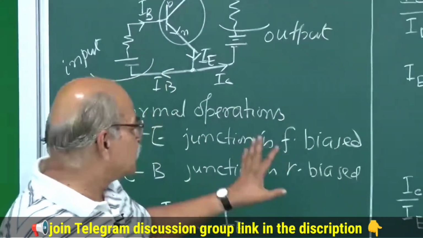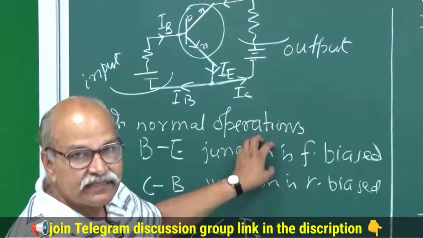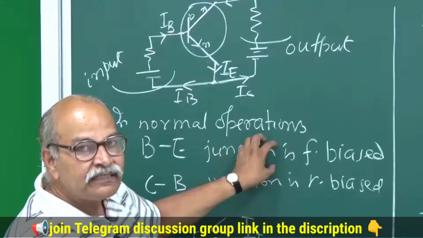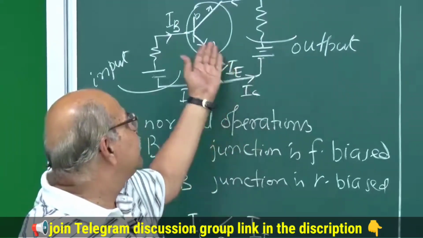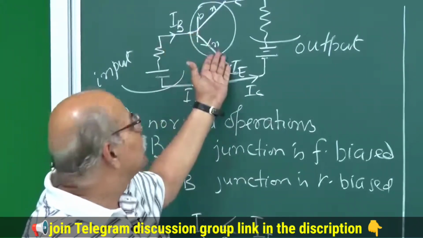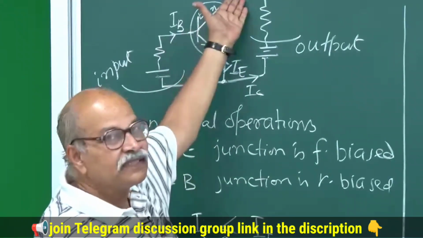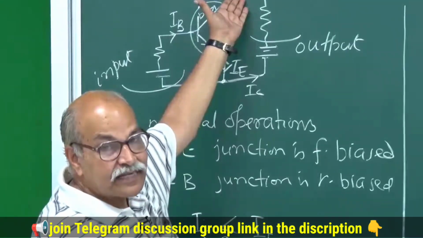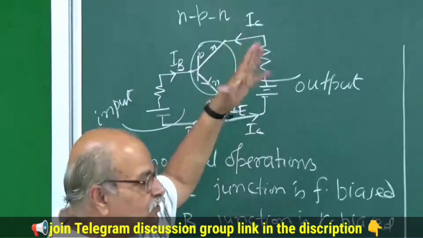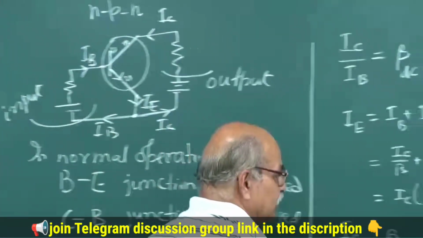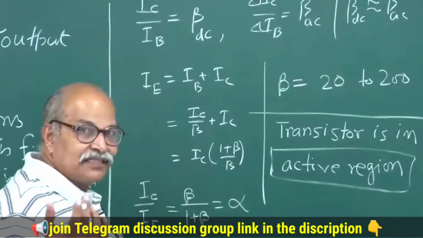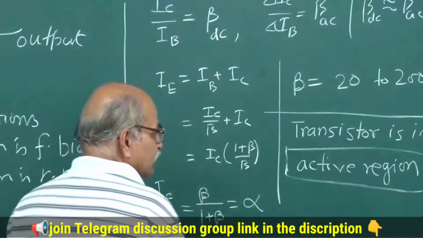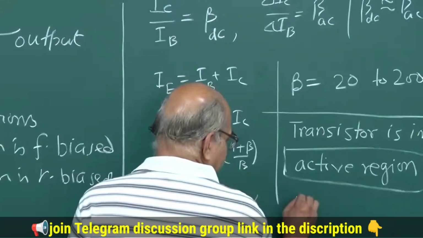So, if this is not sufficiently forward biased, nothing will operate, no electrons will be injected here, and no question of any collector current. It looks very trivial to talk about, but this is used in certain applications. This is known as cutoff region.